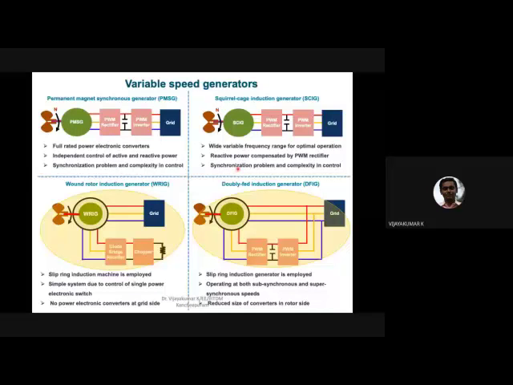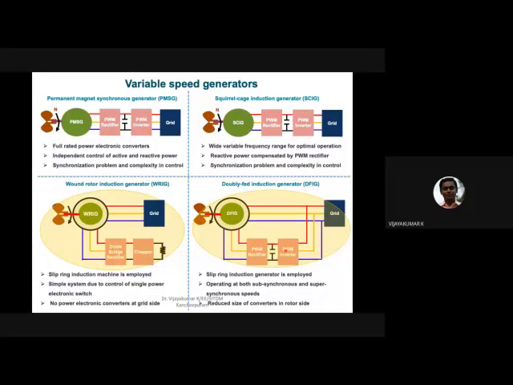Then we moved to these two topologies at the bottom of the slide. In these two topologies, people normally use slip ring induction machines, the wound rotor induction generator and the DFIG. If you look at the power converter ratings of these two topologies, it's 30% as compared to the previous two topologies.